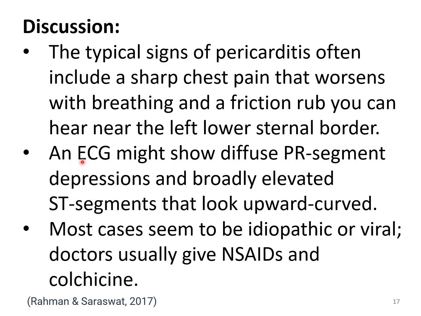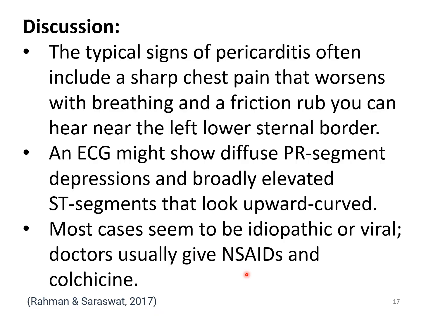As I showed earlier, the ECG might show PR segment depression and broadly elevated, diffuse ST segment elevation, which looks curved upward. What are the more common causes? Sometimes it is idiopathic, with no known cause, and sometimes it is viral, like when somebody has a viral illness with coughing. How do they treat it?